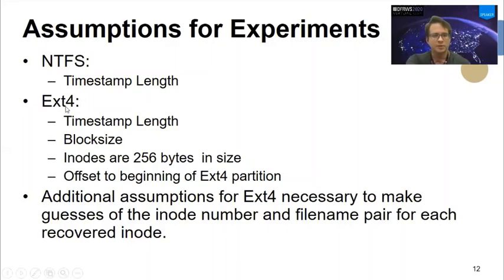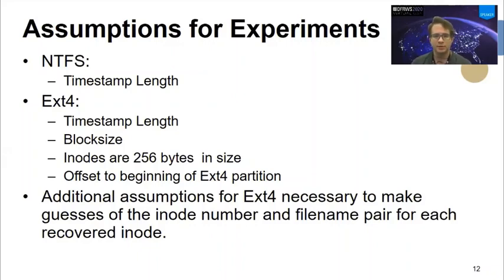For ext4, we also need to assume some other things. We need to assume the block size, that the inodes are of size 256 bytes, and the offset to the beginning of the ext4 partition.